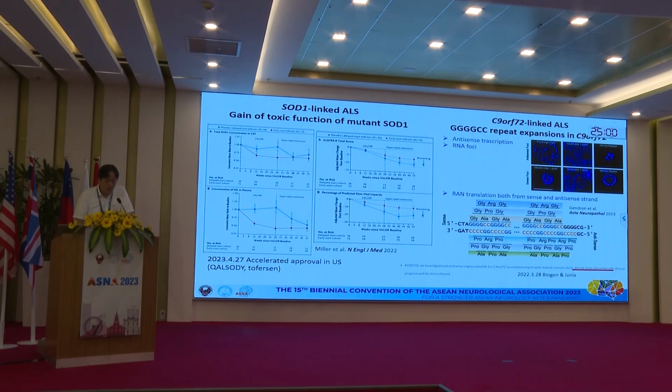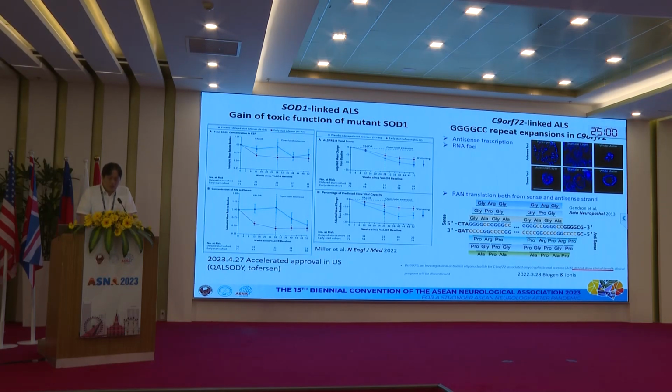One piece of news is about SOD1-linked ALS. From mouse models, a gain of toxic function of mutant SOD1 has been proposed in this disease. So antisense oligonucleotides suppressing SOD1 can be a treatment. This trial shows the effect.